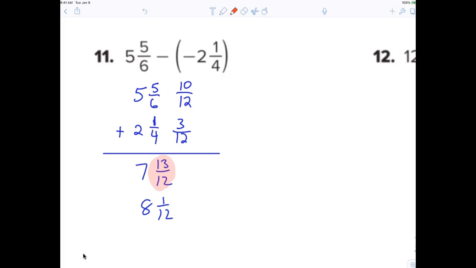You can have an improper fraction, okay? To me, it was easier to change 13 twelfths to 1 and 1/12 than to do 7 times 12 plus 13. But if you did 7 times 12, 84, 97 over 12, I would say that's okay. Whatever's easier, that's what we're going for.